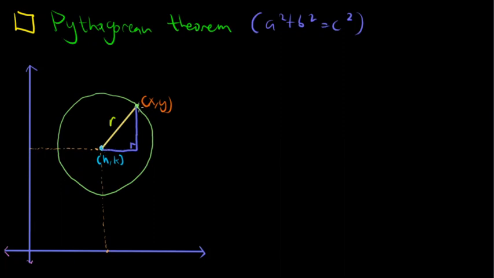Ito ring xy. Si xy naman ay x coordinate. The x coordinate is x. So ito yun. Imaginary lines lang yan. And then the y coordinate is y away from the origin.